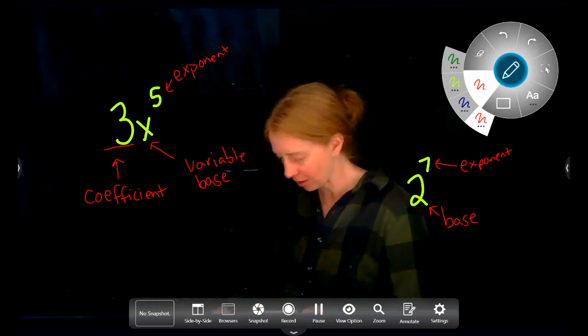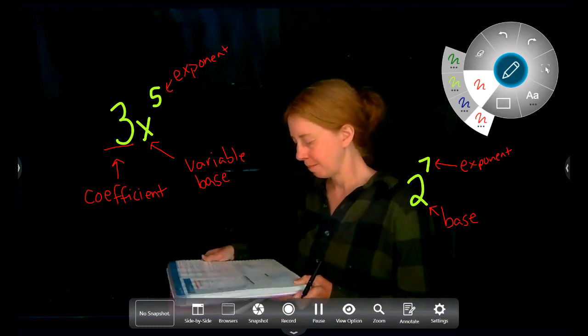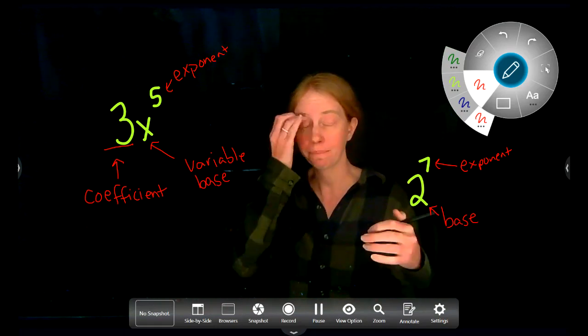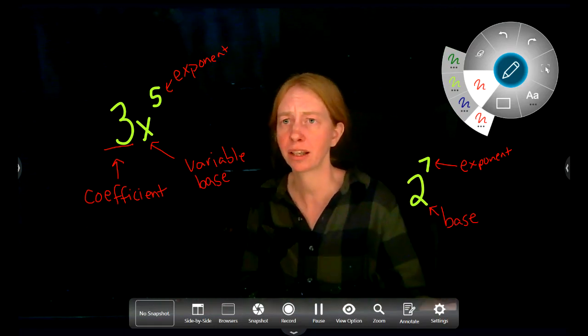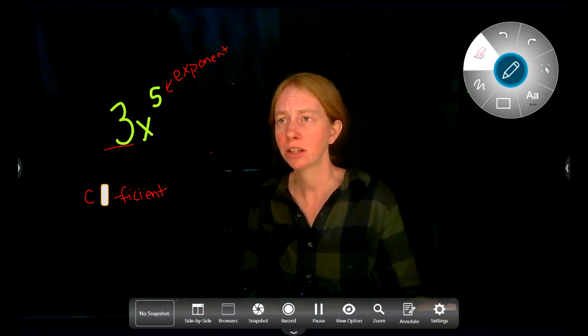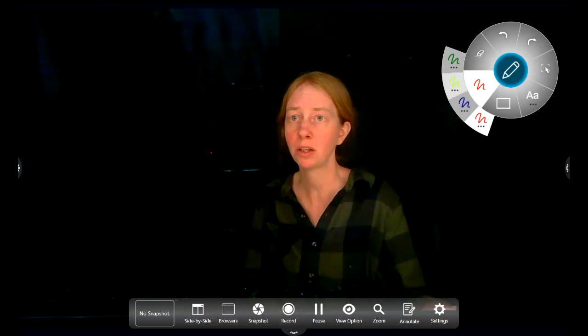I think that covers most of the vocabulary in this section, but I wanted you guys to kind of have that in your head so that, you know, we're all talking about the same language. So I'm going to go ahead and erase these, and we're going to talk about our first exponent rule that we're going to be using.